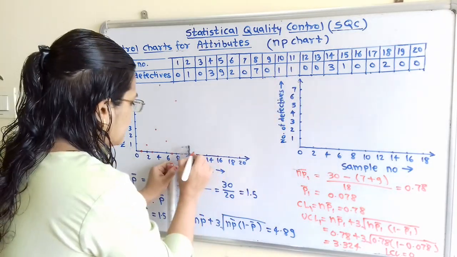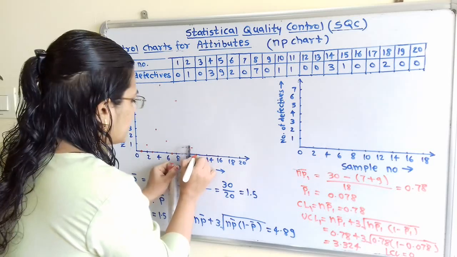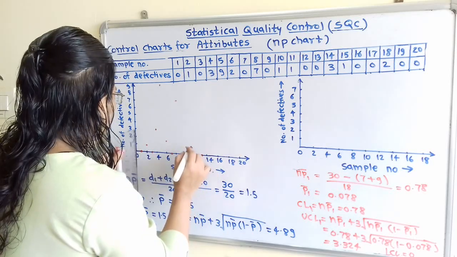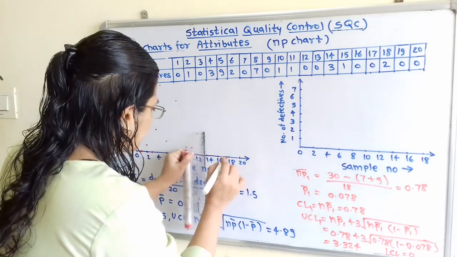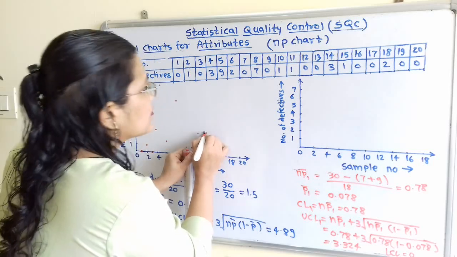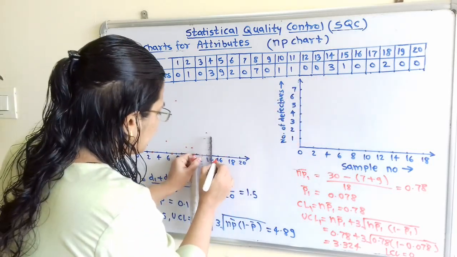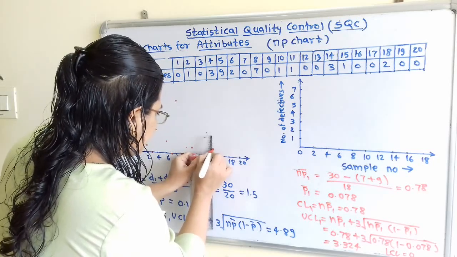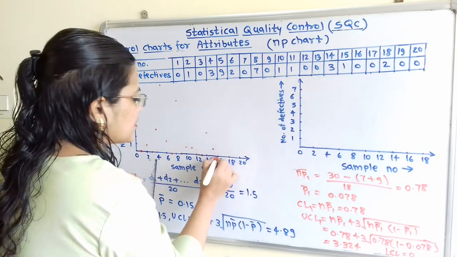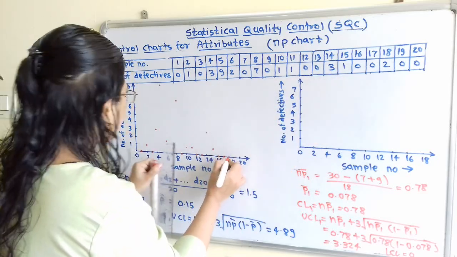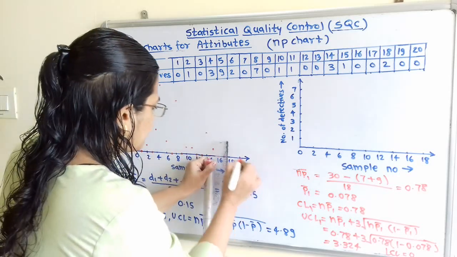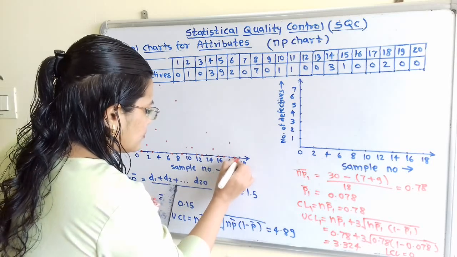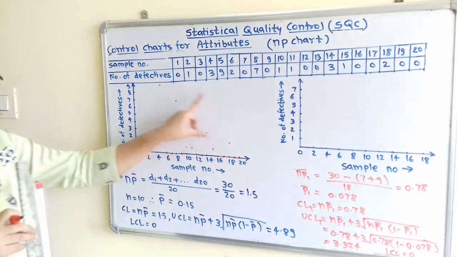For 11 it is 1. For 12 it is 0. For 13, 0. For 14, 3. Then 15, 1. Then 16, 0. 17, 0. 18, 2. Then 19 and 20, 0. So in this way we have plotted all the numbers.